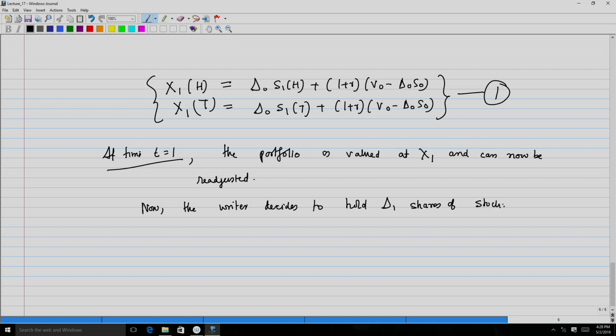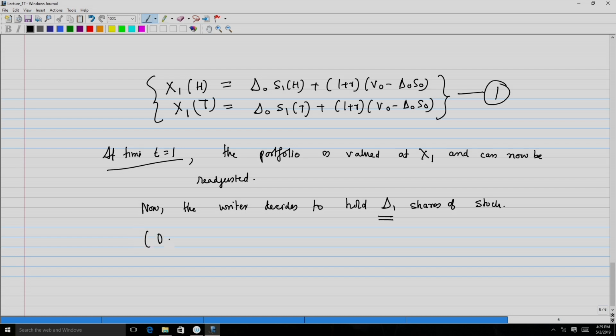Remember that at time t equal to 0, the number of shares purchased was delta naught, and once you arrive at time t equal to 1, the portfolio can be reshuffled and the number of shareholdings can now be changed from delta naught to delta 1. So, the writer now decides that he or she wants to have delta 1 shares of stock, and this is allowed.